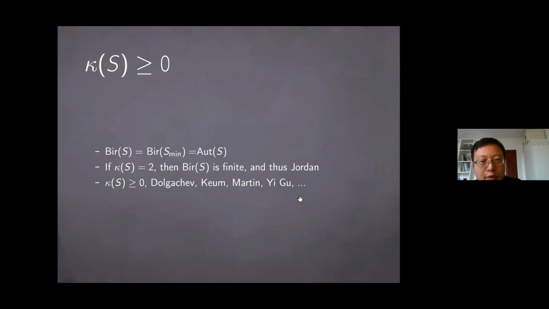It's an ongoing project. So these statements are very explicit. If we are only interested in the Jordan property, we can just use the previous results. And I want to mention there exists a lot of work in this subject already.